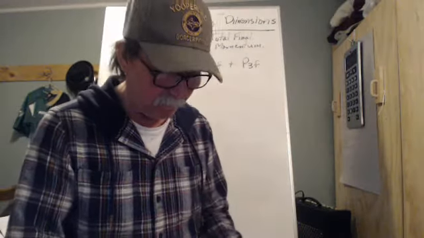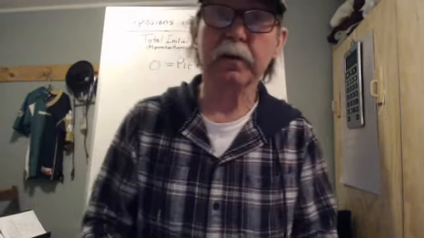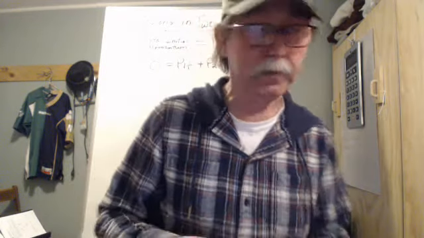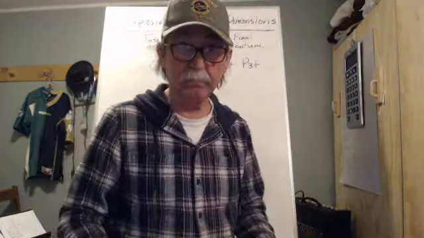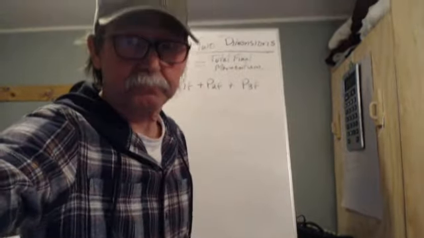So let's see what we got here. We've got one mass that explodes into 3 pieces, and we're given information about 2 of the pieces, and we have to find information on the third one. And I'll just start off with an equation, and it looks like this.